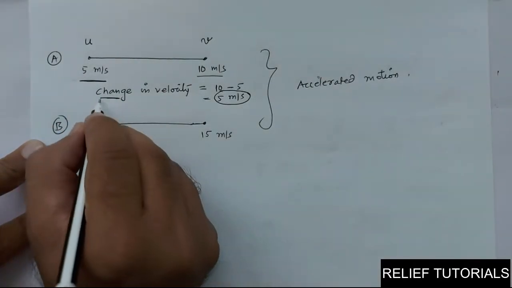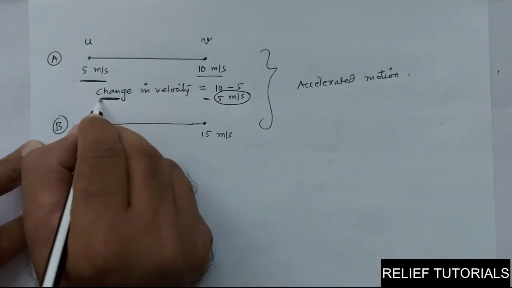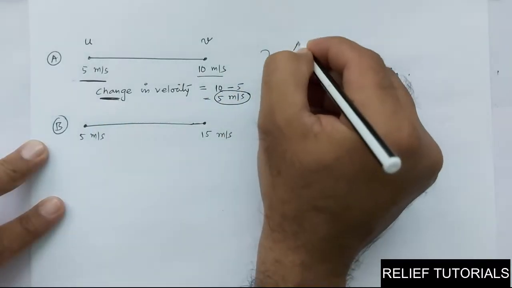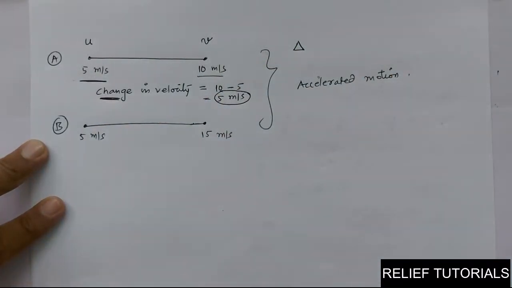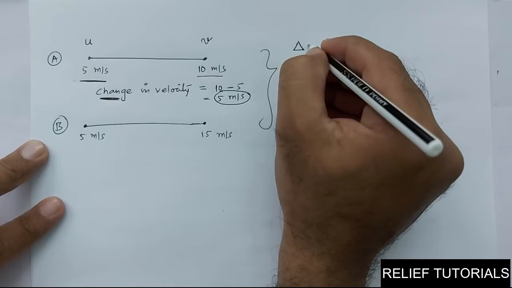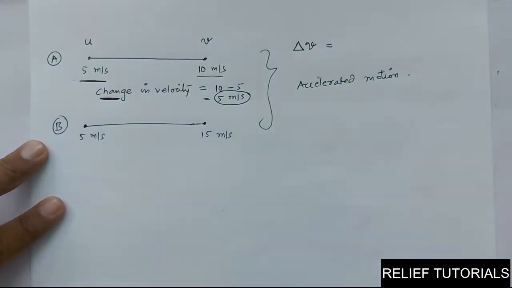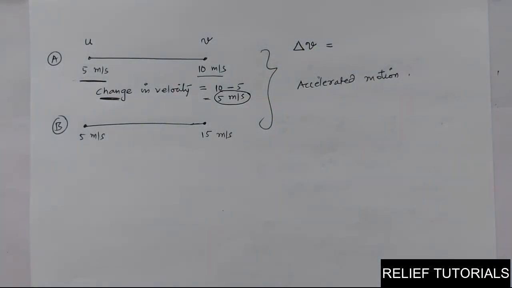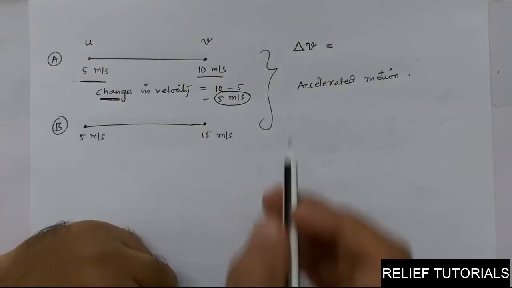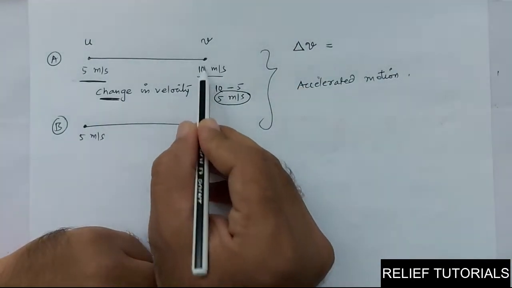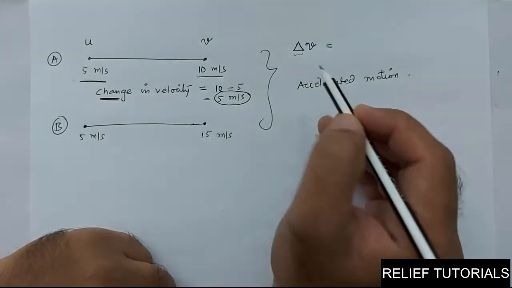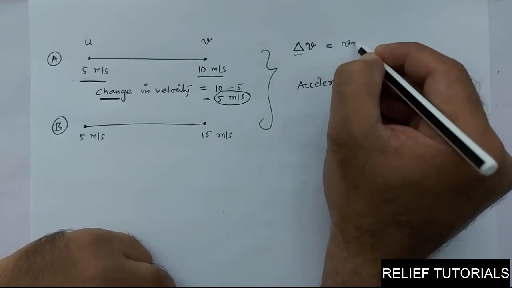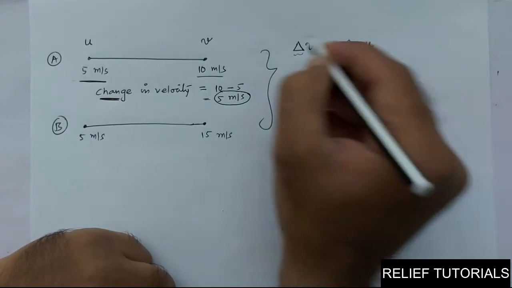Already I have told you that change in terms of physics is symbolized by delta. So here change in velocity means delta v. How do you find delta v? Whenever you are going to find change, that always means final minus initial.